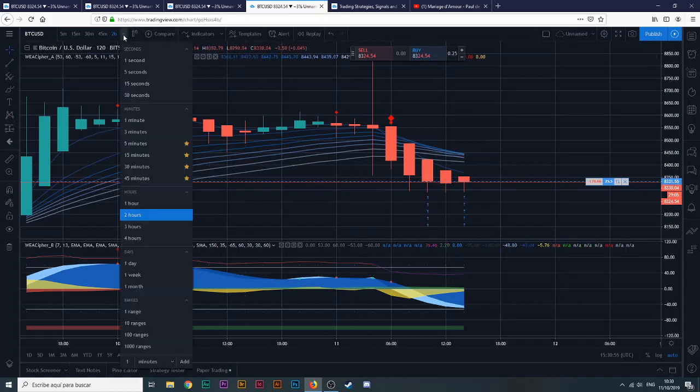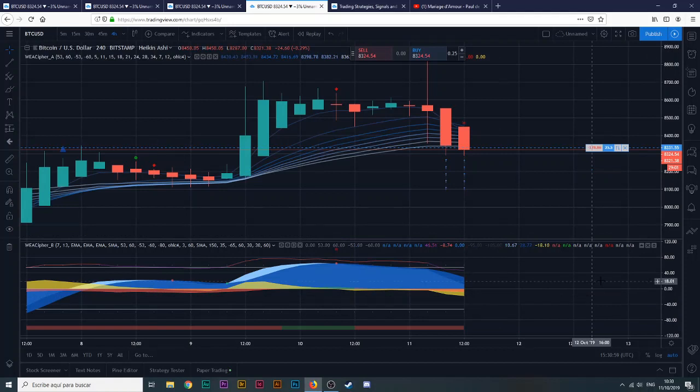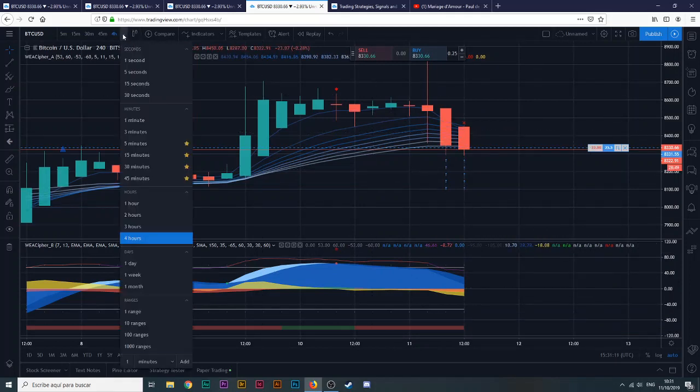Let's look at the 4 hour chart. On the 4 hour chart, we're still showing a trend down, and we also show negative cash flow. And look at the daily chart.